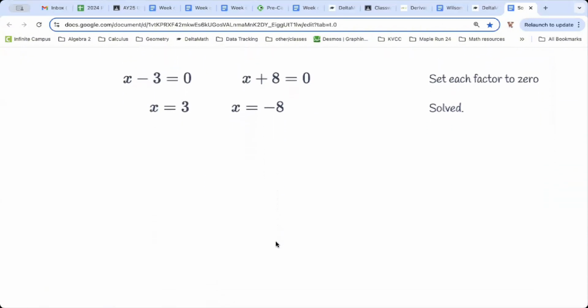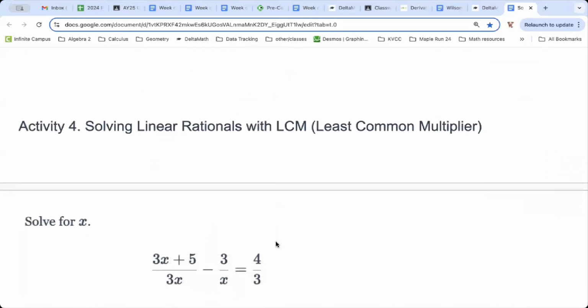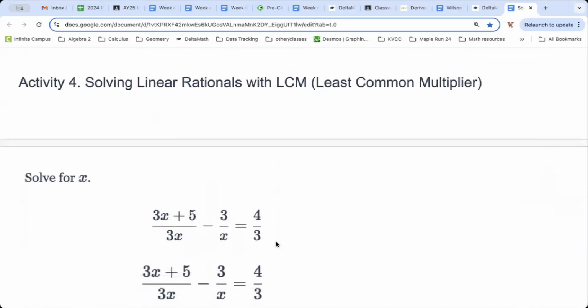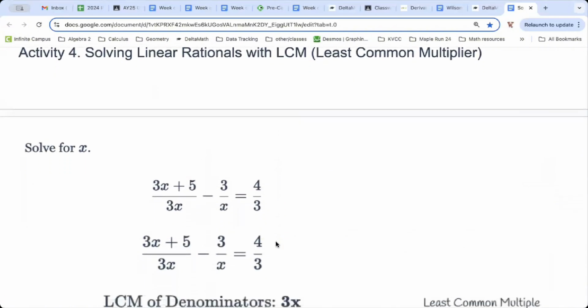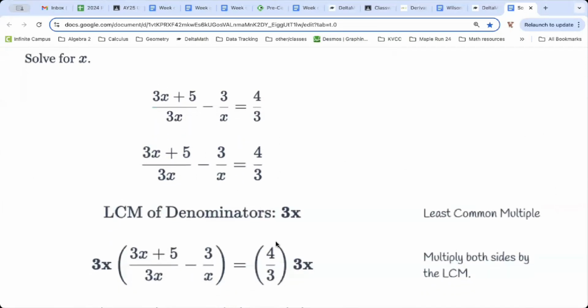Okay, so we have now done all the preparations for tackling a problem that looks like this when we first looked at it. Now, you notice this one, you have actually three rational expressions, one fraction, another fraction, and another fraction.